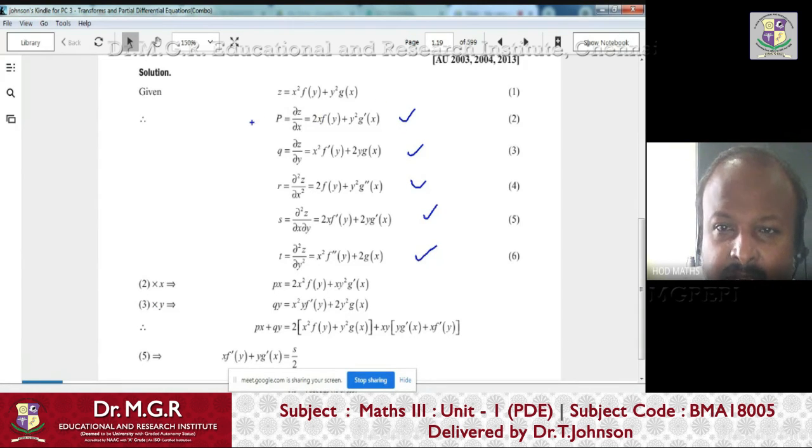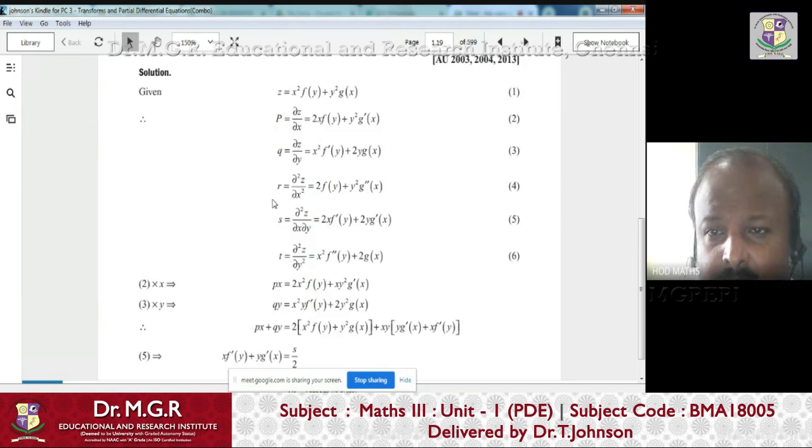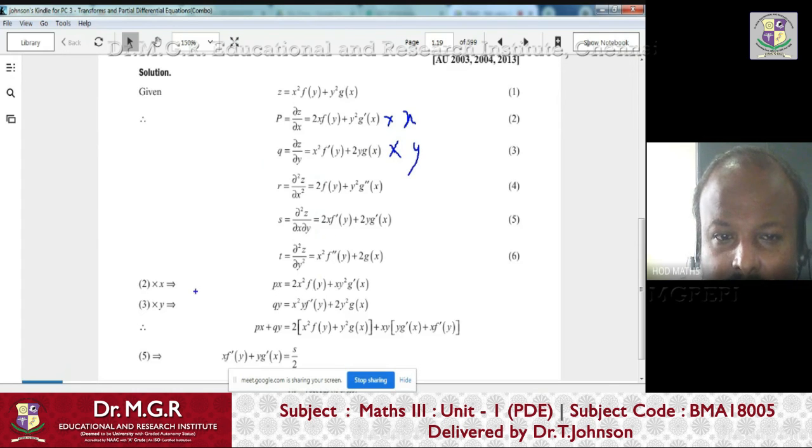So multiply x with equation number 2 and y with equation number 3, then it becomes px plus qy, and here this becomes 2x square f(y) plus y square x g(x). So you multiply x with equation 2, and then y with equation number 3, then adding these two, you will get some relation.